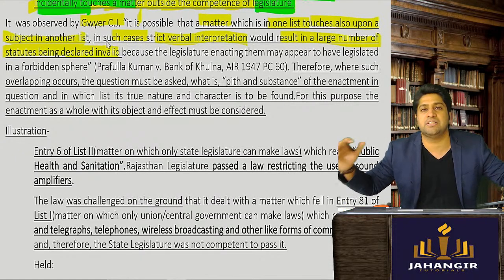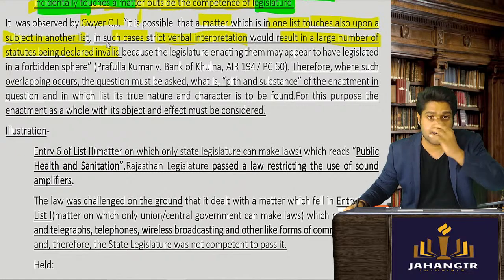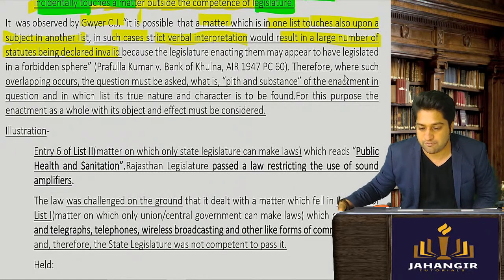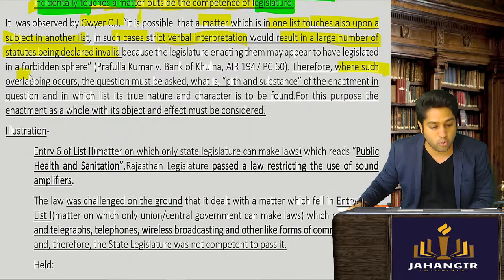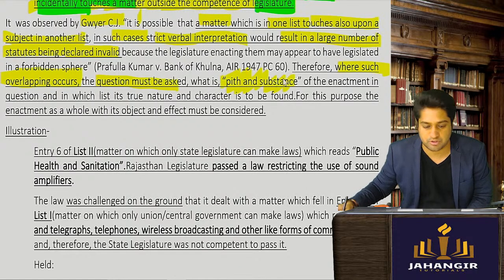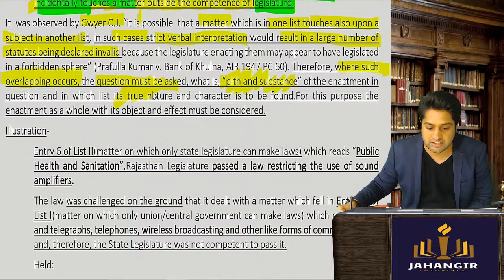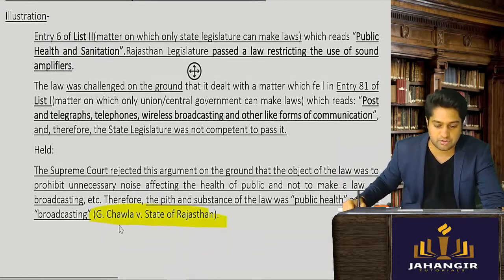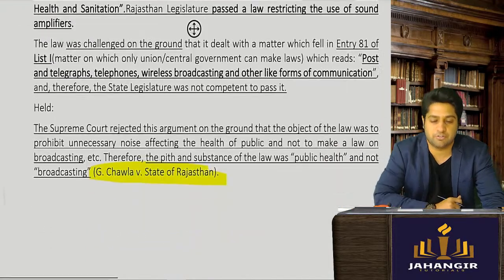If we start saying that if it is incidentally touching, it will become invalid, then many laws will become invalid. Therefore, where such overlapping occurs, the question must be asked: what is the pith and substance of the law? If the true nature and character is found, then it will be allowed. This was the example which I had given you of G. Chawla versus State of Rajasthan.